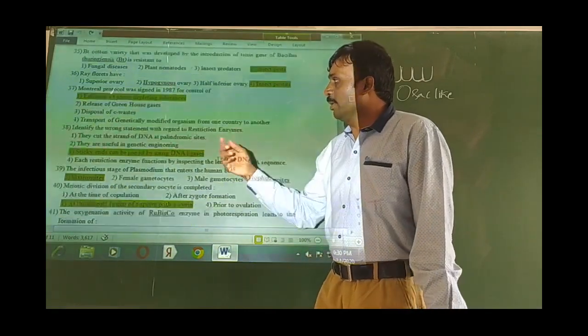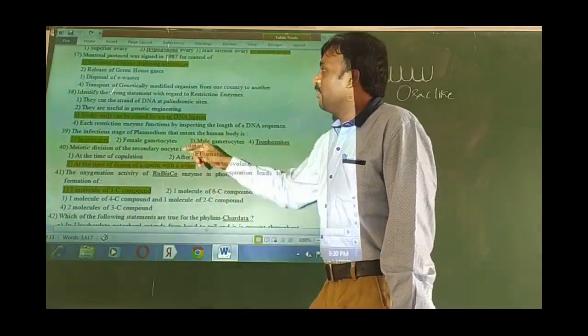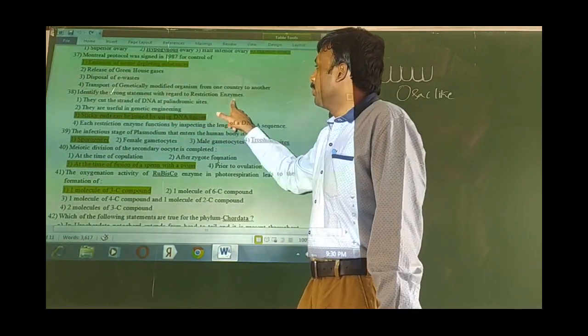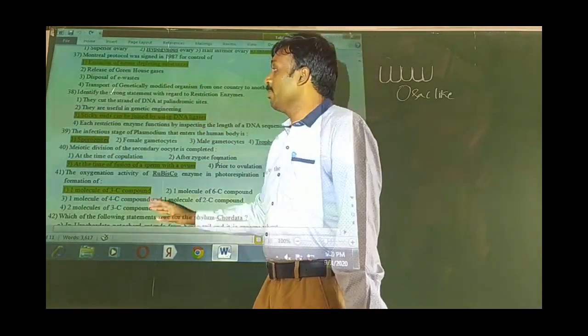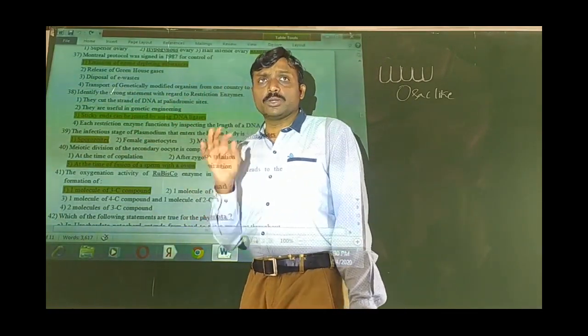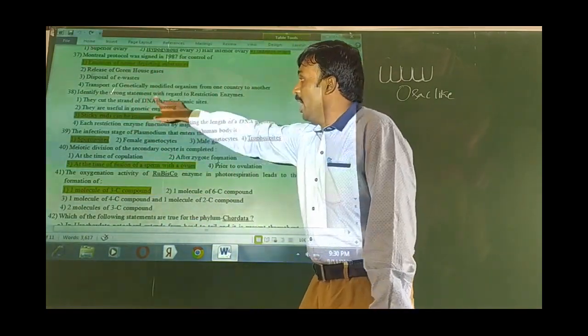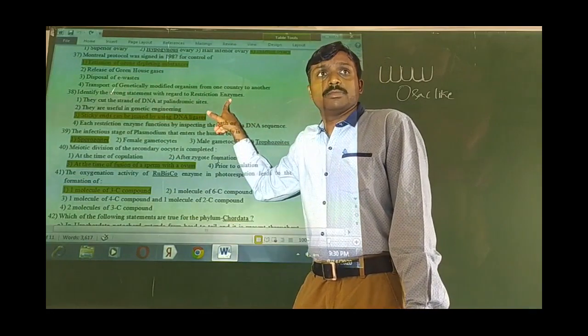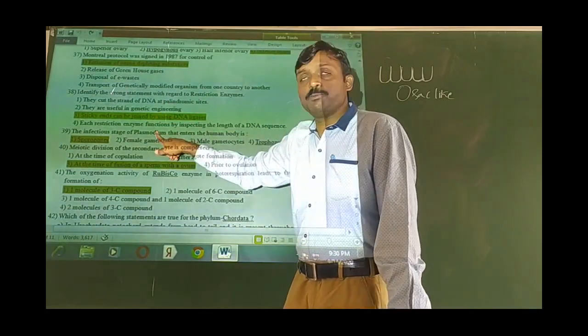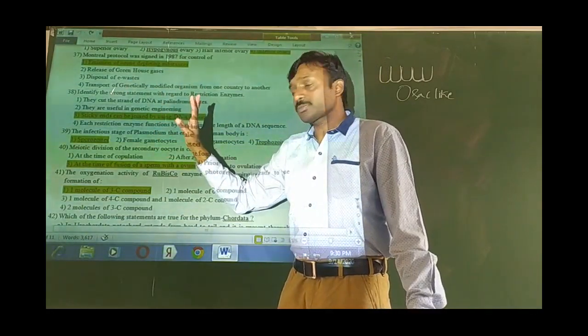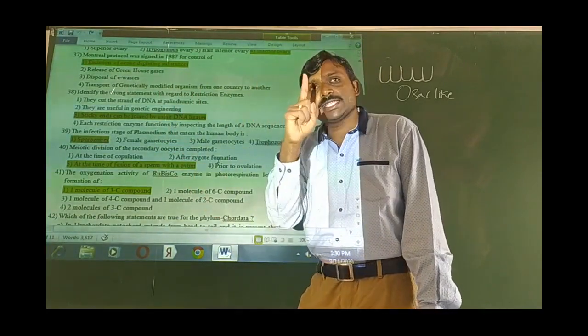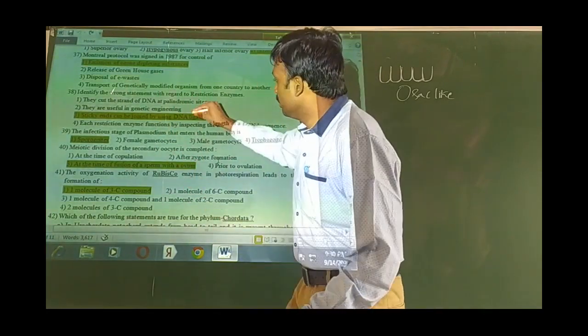Okay. Then moving to the next one, identify the wrong statement with regard to restriction enzymes. In the entire paper, this is a little bit tricky question. So actually, they asked for restriction enzymes. Okay. And if you go through the options, all of them are restriction enzymes except one. This is the keyword.